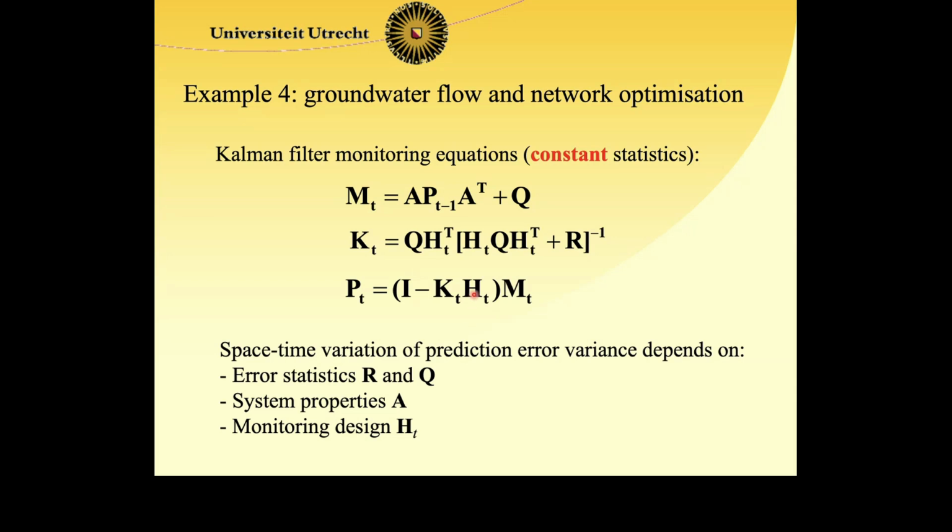The only thing you need to know is where and when you observe. So you can use this property to optimize the monitoring strategy such that P, or the diagonal of P, is smaller or equal than a certain threshold value, and then optimize taking observations in space and time. So that's quite powerful. You don't have to actually observe, but before you observe, if you know what the error statistics are and what the system dynamics are, you can do optimization.